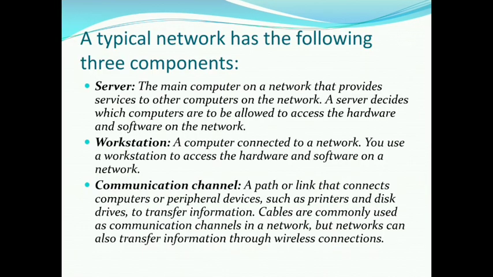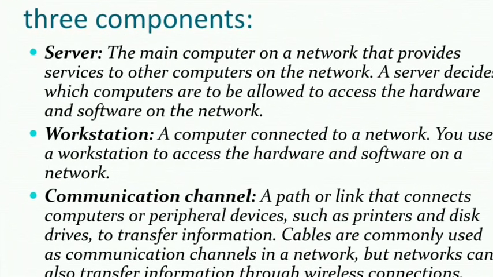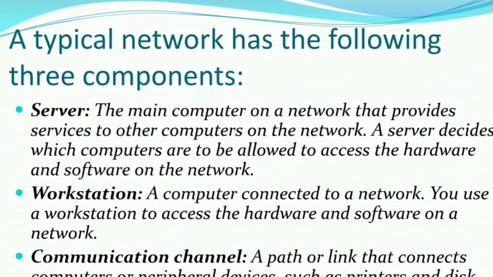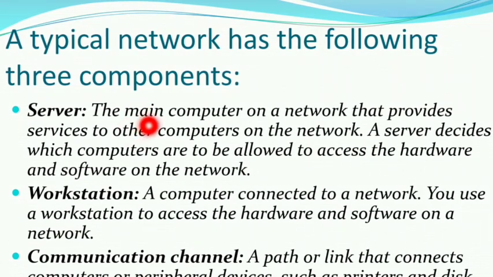A typical network has the following three components. What are these components? The first one is the server. The server is the main computer on the network that provides services to the other computers on the network.